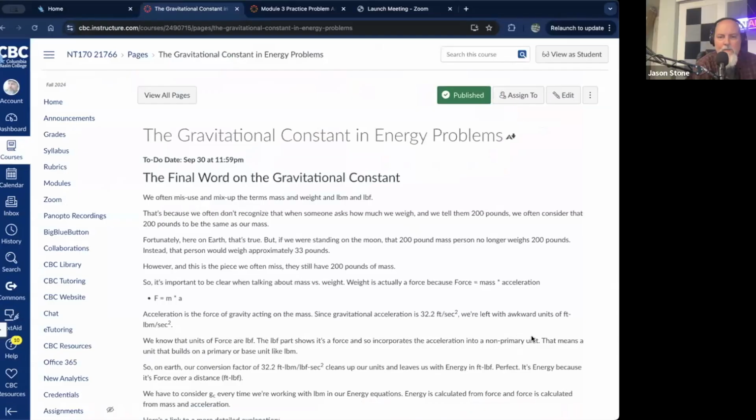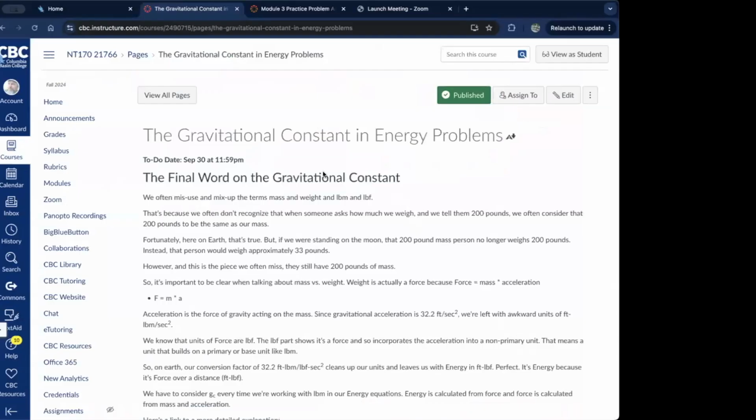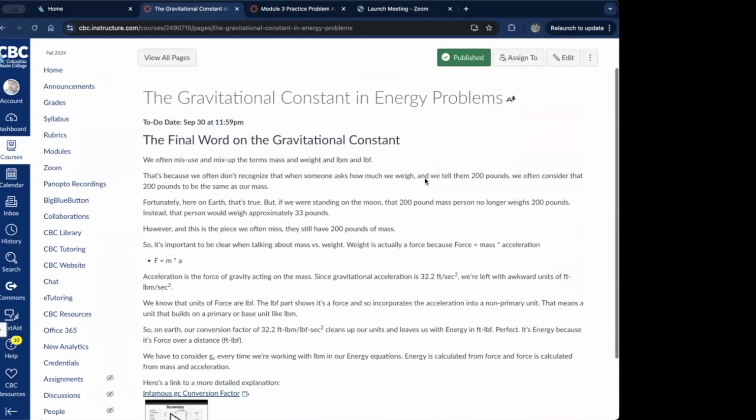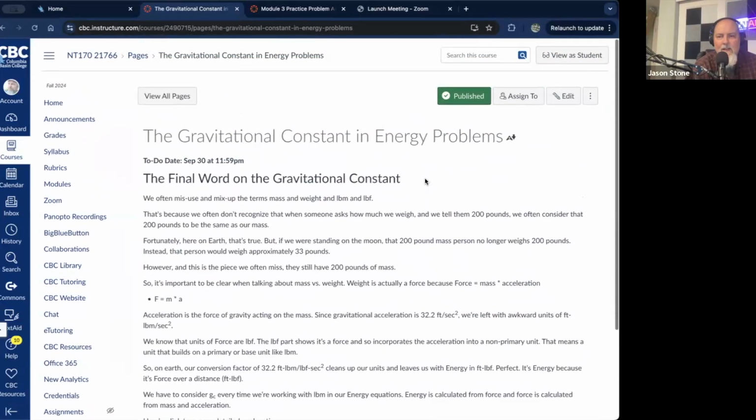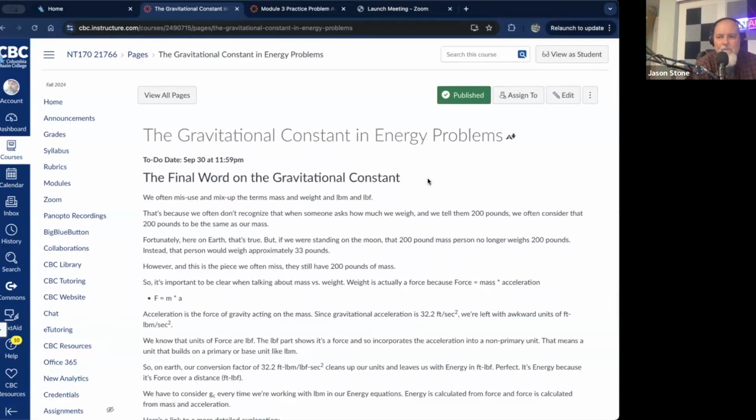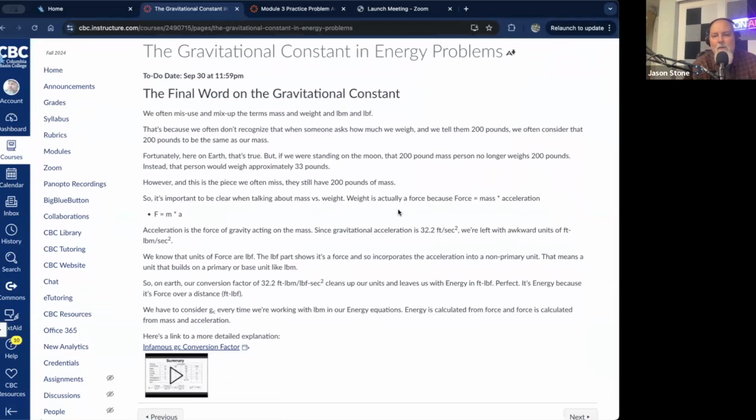You see the gravitational constant? Is it published? It's published. So this is a good write up. I'll put this in the reading.